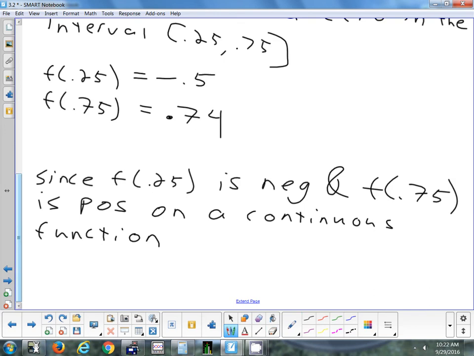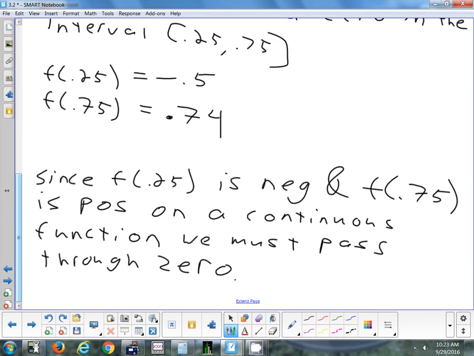We have to pass through 0 somewhere because you're going from negative to positive. You have to. There's no way to skip it. We must pass through 0. Right, so this is basically using a combination of continuity and the intermediate value theorem to prove you have to cross the x-axis somewhere between these 2 points.